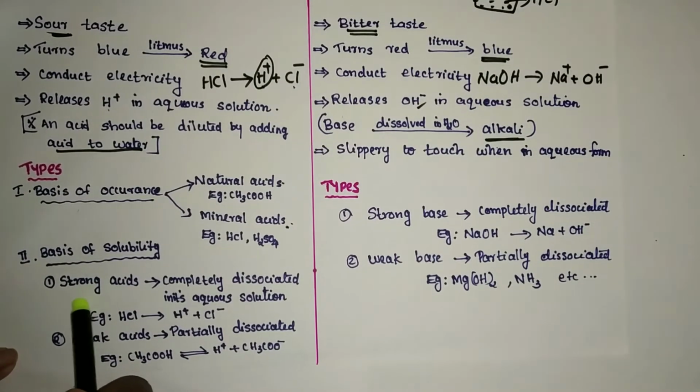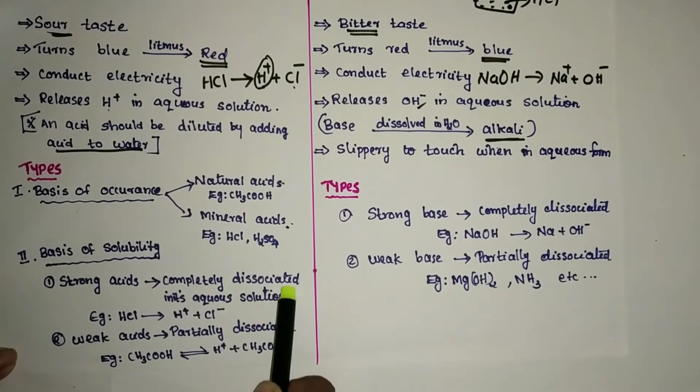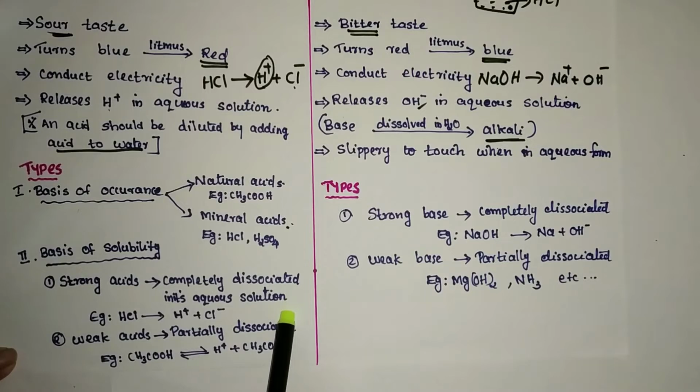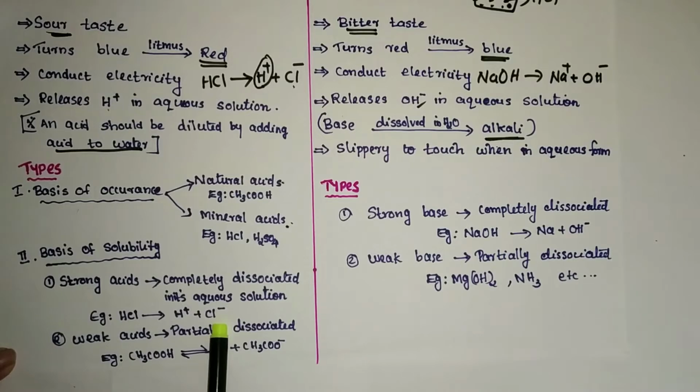Next, on the basis of solubility or reaction with water, acids can be divided into two: strong acids and weak acids. Strong acids are completely dissociated in aqueous solution, or in water. So when hydrochloric acid reacts with water, it releases H+ and Cl-, meaning hydrogen ions and chloride ions.